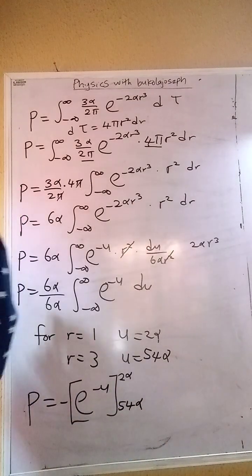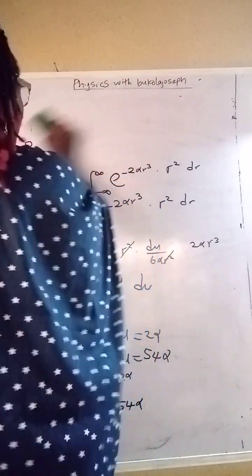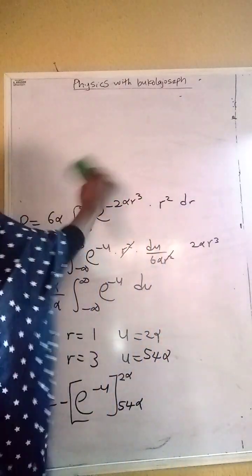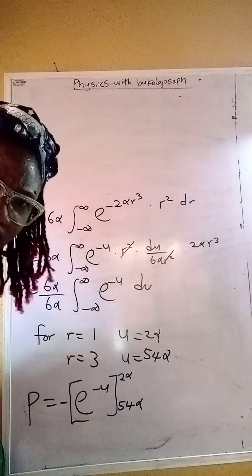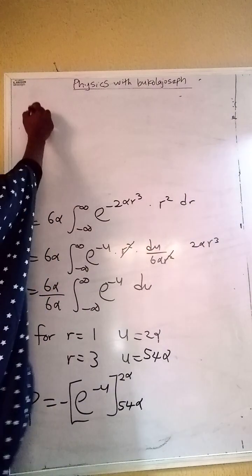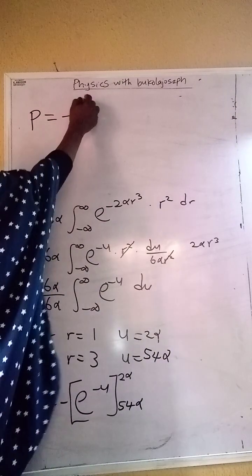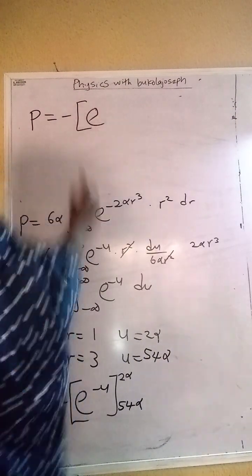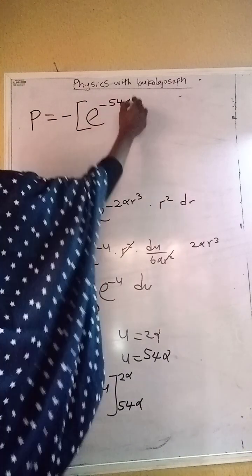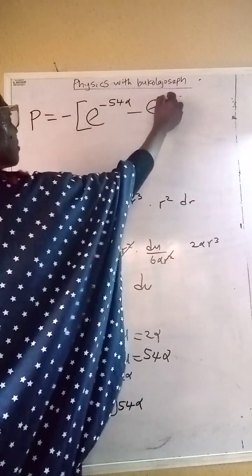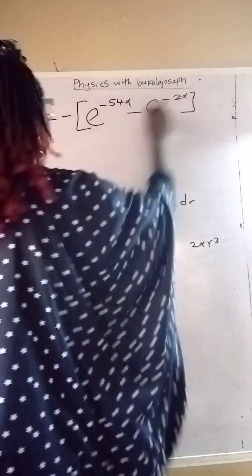If we further simplify, p is equal to minus, open bracket, exponential minus 54 alpha minus exponential minus 2 alpha, close bracket.